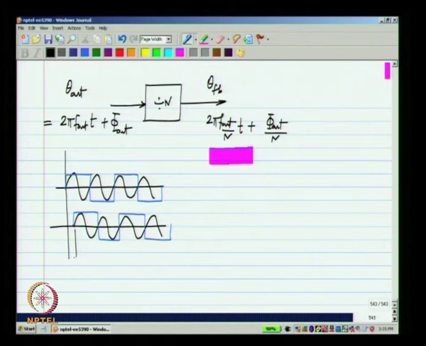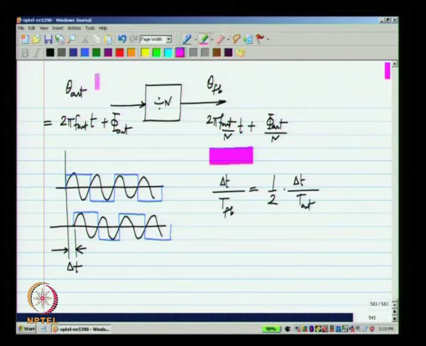So, the phase difference between these two is this, the time difference let us say is some delta t. Now, this delta t as a fraction of the output period is half as much as delta t by the period of this input signal. This is because the output frequency is half of the input frequency.